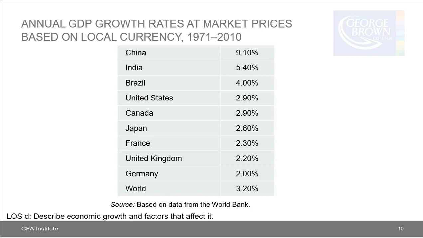The exhibit on the slide shows the annual GDP growth rates in a sample of countries from 1971 to 2010. So note that the growth rates in the developed countries shown, Germany through Canada, was in the range of 2 to 3%. The growth rate in the emerging countries of Brazil, India, and China was much higher.